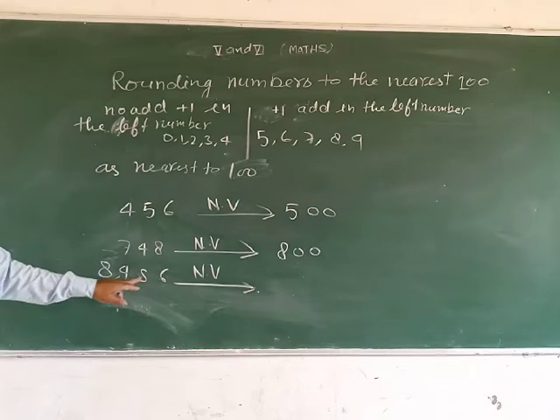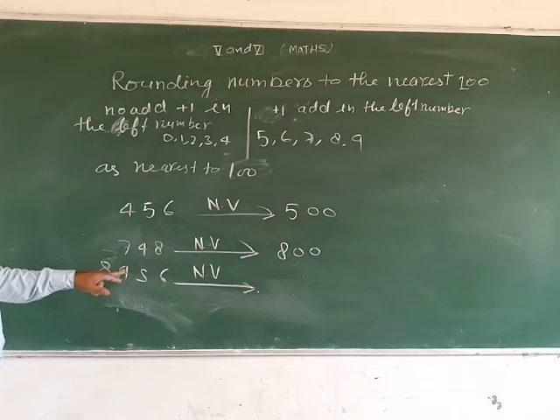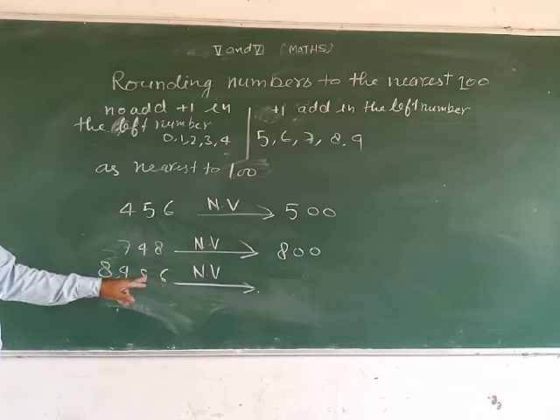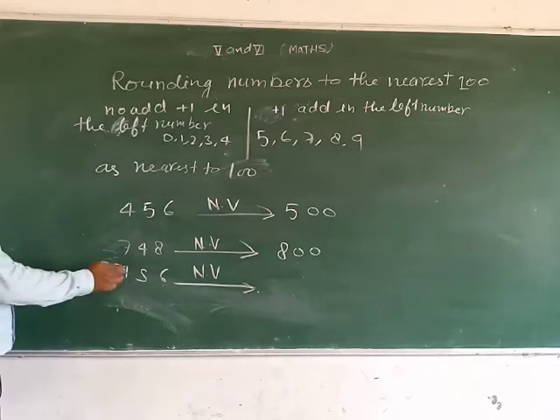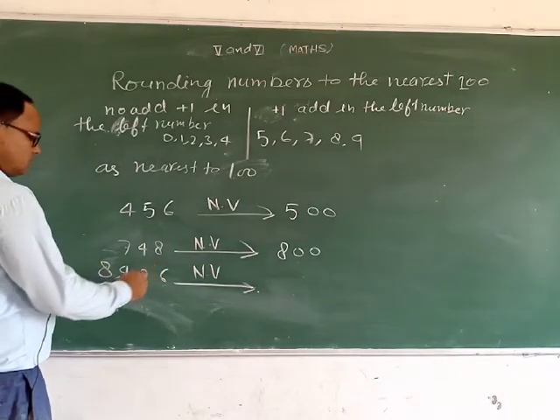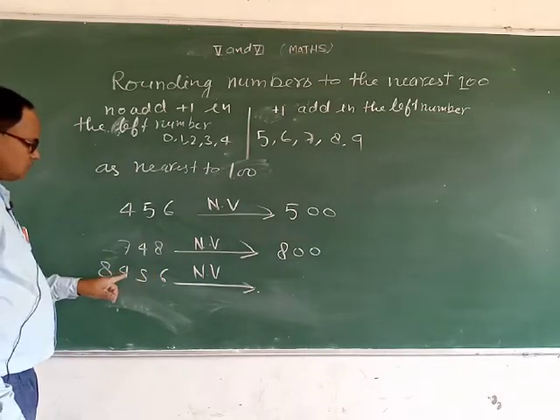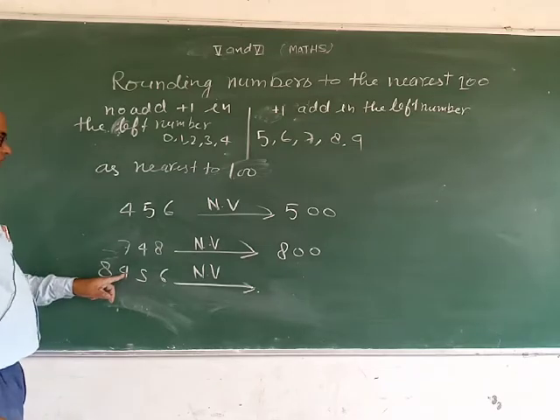Here ones, tens, 100, 1000, but we take only the 100 place digit. Then here 6 terminate, give it add 1, 6 and 6 terminate here, then +1 add in left side number. +1, 4 and 4 make 5.